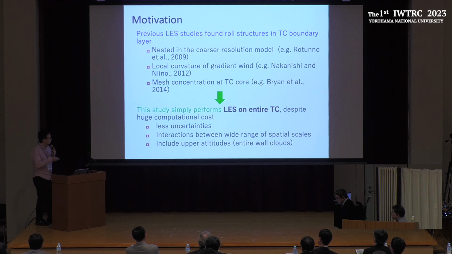The advantage is that we have less uncertainty from using these techniques, and we can reasonably represent the interaction between various scales. And we can include the upper altitude, that means the entire wall clouds.